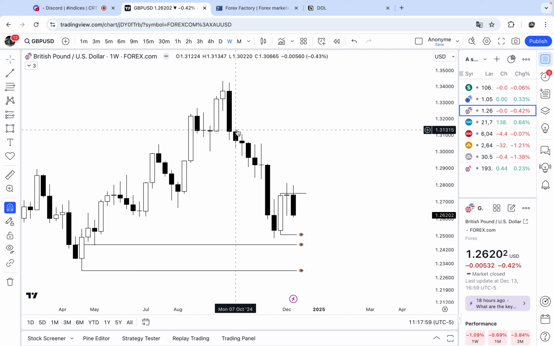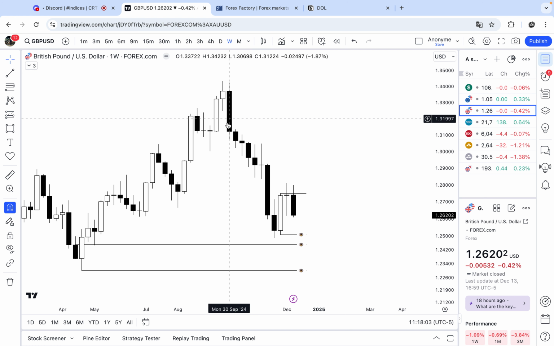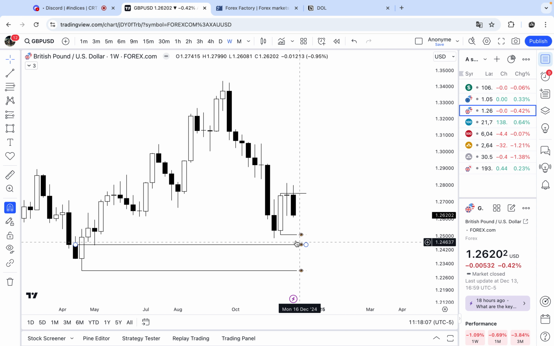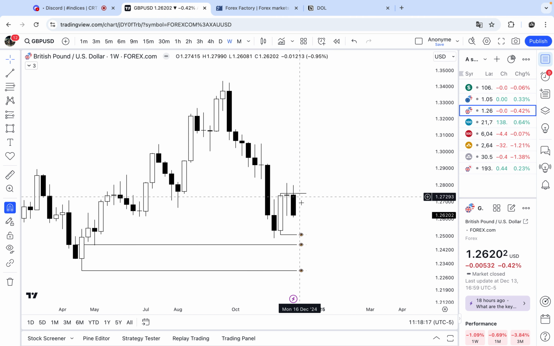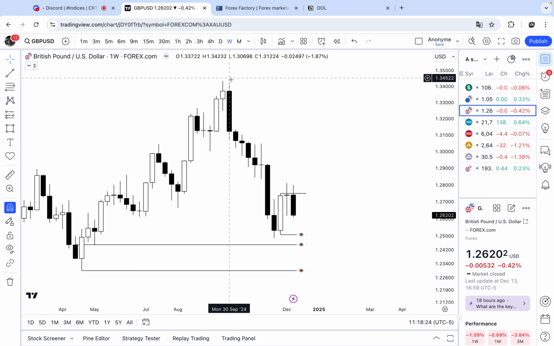It's too far. This one is close, but I don't think the price will go all the way there. This is a weekly move right here. It will take pretty much two, three months before taking out this one.